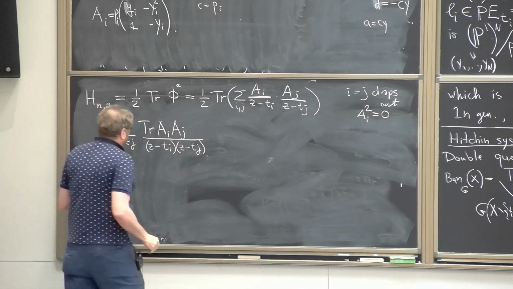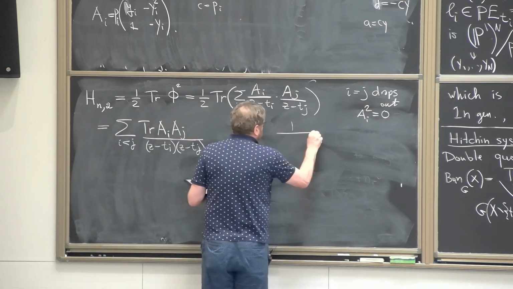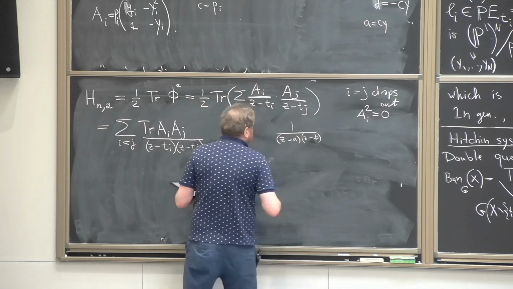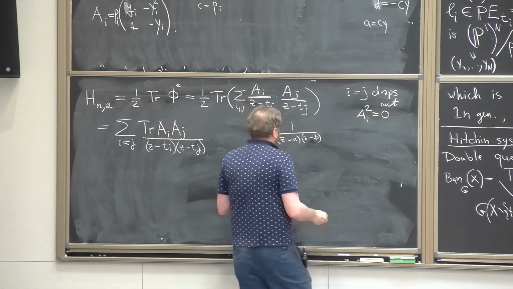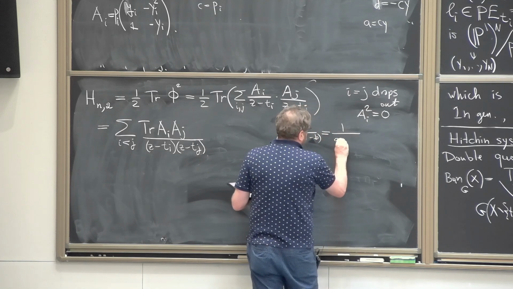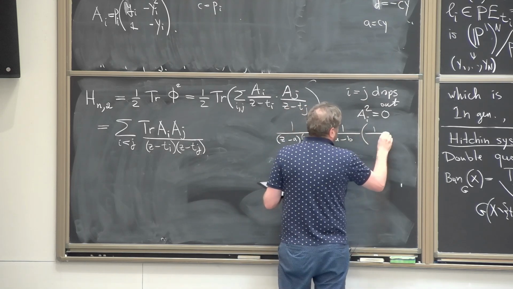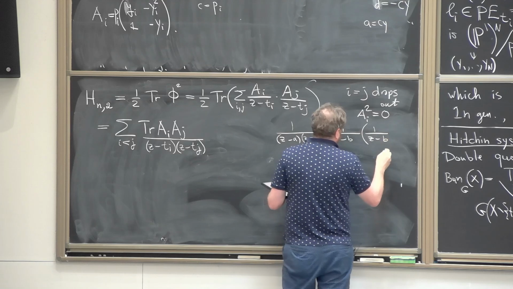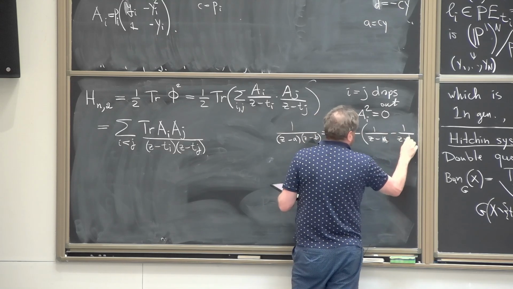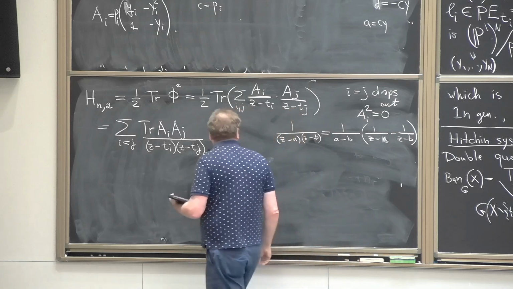And so, well, of course, everybody knows that we have this identity: 1 over z minus a, 1 over z minus b equals 1 over a minus b, times 1 over z minus a minus 1 over z minus b.